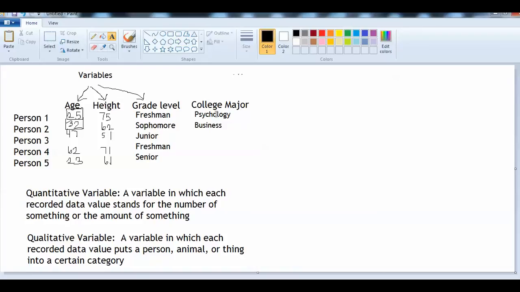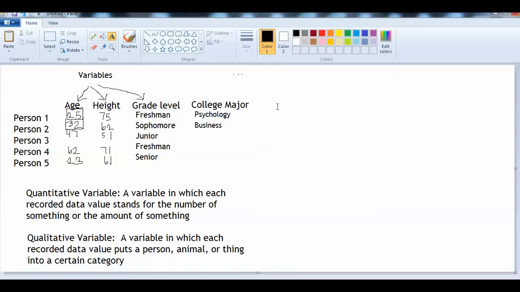They just put the person into a certain category. This just shows that the person is a member of the category of psychology majors. This person is a member of business majors. So it's actually qualitative.